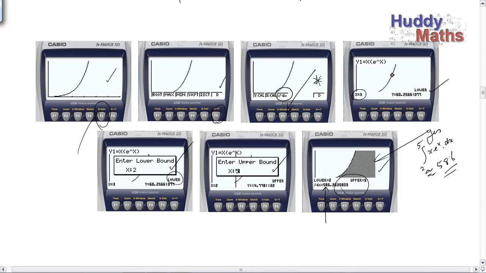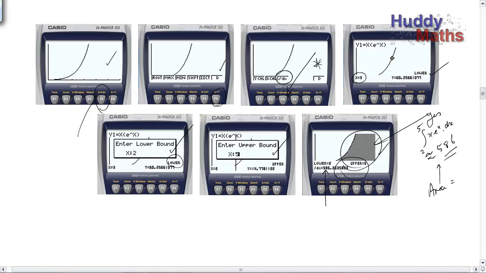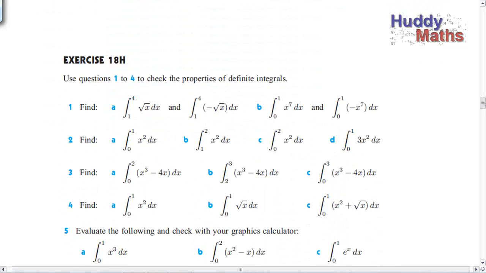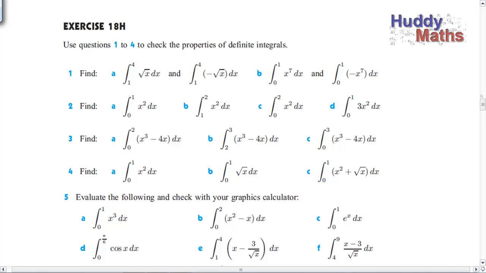And if we wanted to say what the area was, yes, the area is equal to this, because all the rectangles have positive heights there, and with that definite integral we are summing an infinite number of rectangles. Okay, let's have a look then at some problems for you to have a go at.